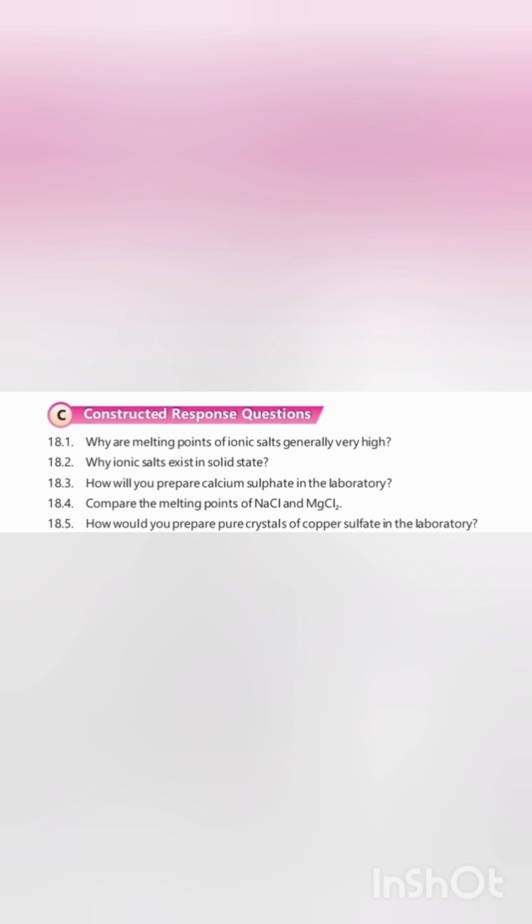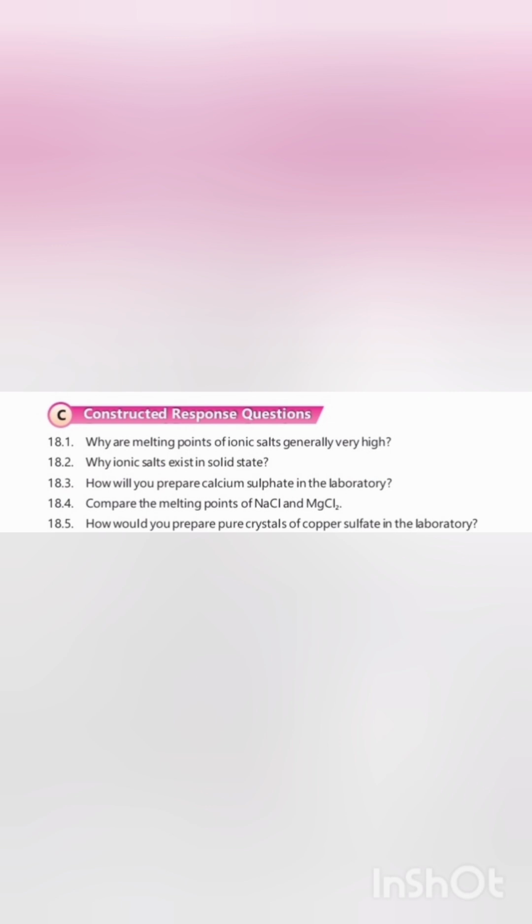Add copper oxide powder a little at a time while stirring continuously until no more dissolves. The excess unreacted powder settles at the bottom, ensuring all the acid is completely neutralized. Filter the hot mixture to remove the excess unreacted copper oxide. The clear blue filtrate collected is a copper sulfate solution.